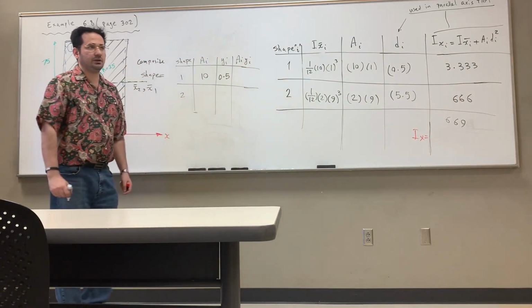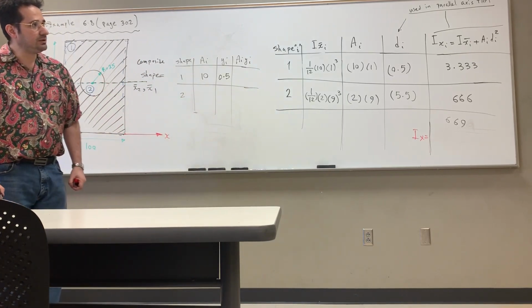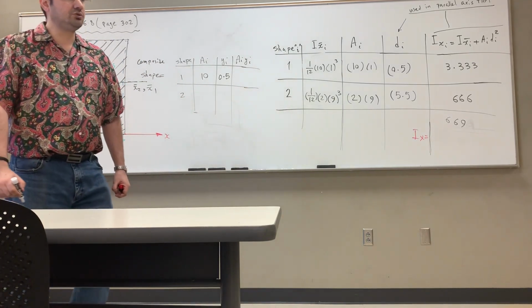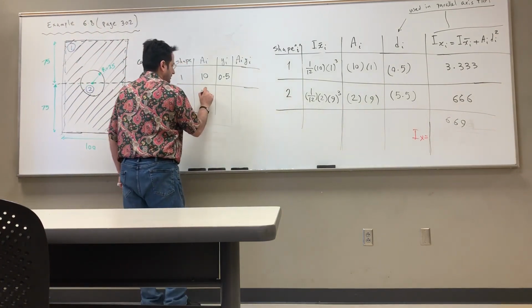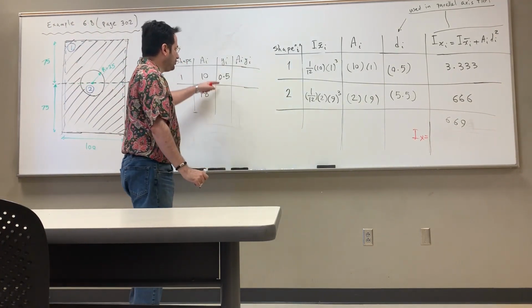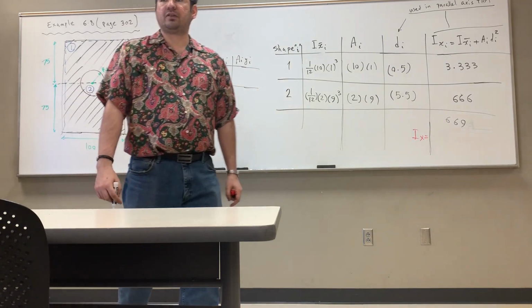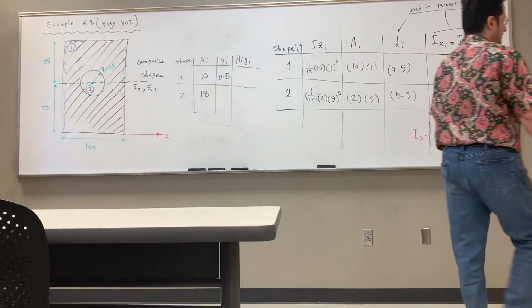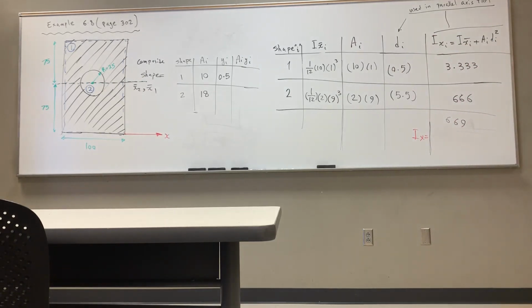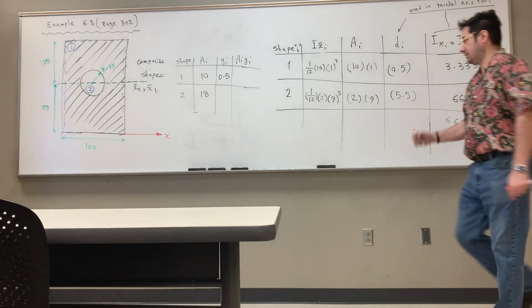Go to shape 2. Area of shape 2: 2 times 9, which is 18. Y location of the centroid of shape 2 with respect to the bottom from here: 5.5.